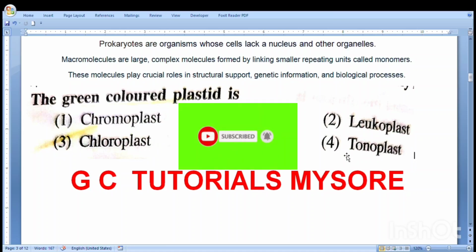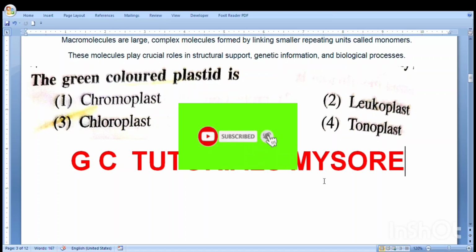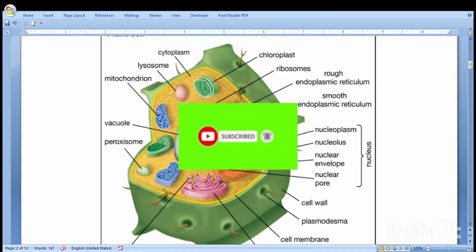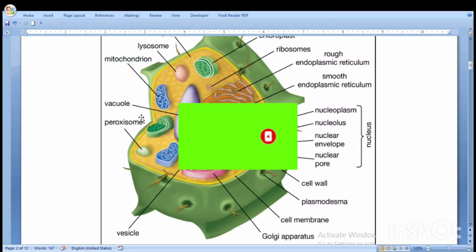Next, come to the point, tonoplast. The function of the tonoplast is to regulate the movement of ions, water and solutes into and out of the vacuole. The vacuole is present within the cell, this is the vacuole. So the tonoplast regulates the movement of ions, water and solutes into and out of the vacuole.